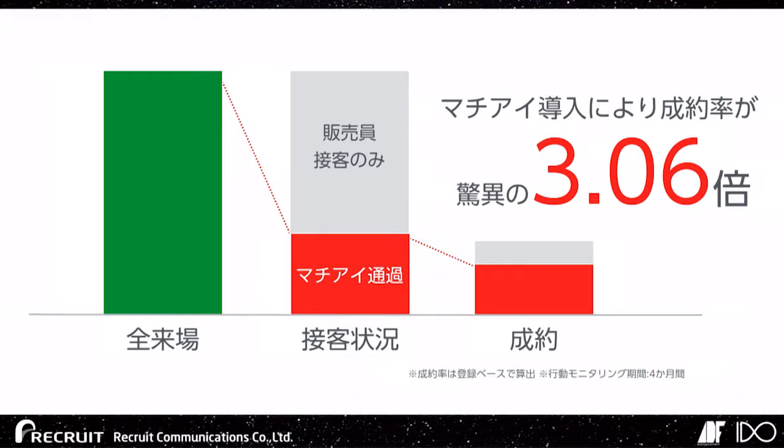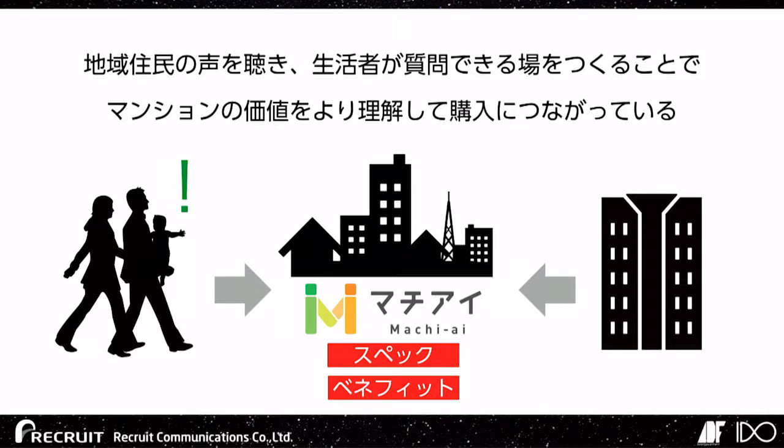So when customers are thinking about buying condos, they really want to know the information in the local area, and by creating and delivering such information, it is going to be very successful for the salesperson to introduce the town and apartments, and they can understand the value of buying the apartment. So it's not only about the specification, but you can sell the values or attractions of that town.